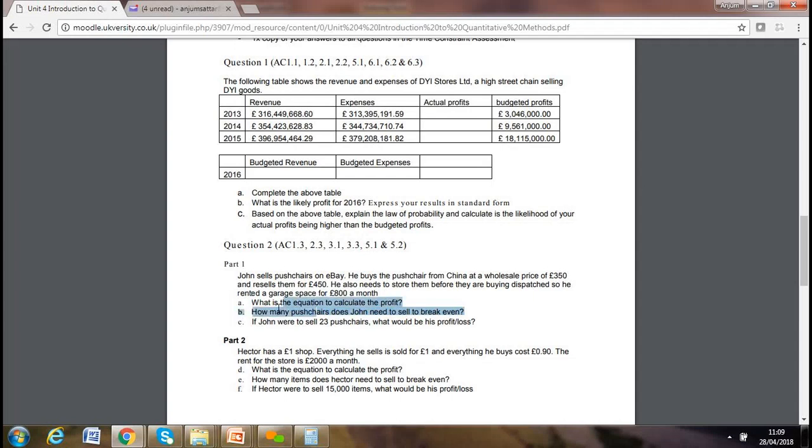I'm still stuck at the A part, where it requires the equation to calculate the profit. Isn't it talking about algebraic equations where there are terms like x, y? No, you don't need to. You can assume it.